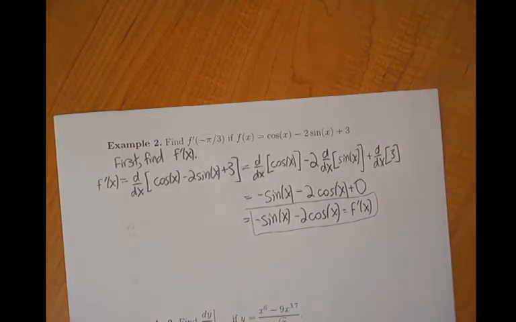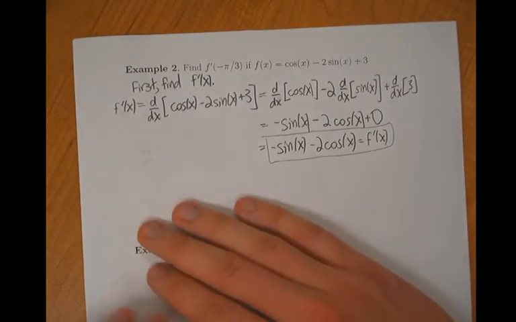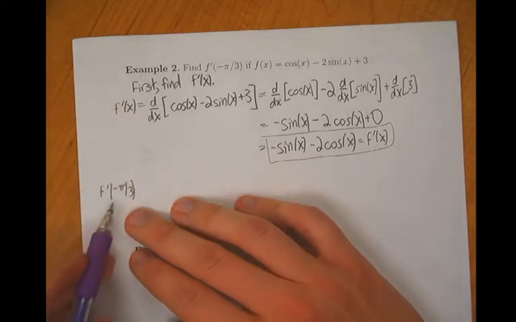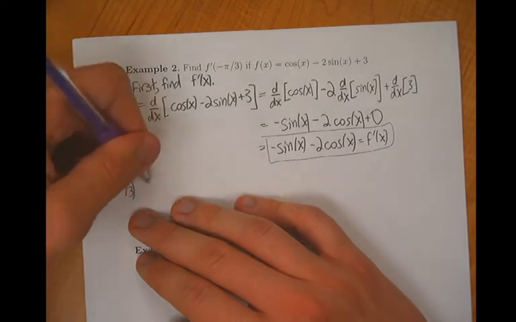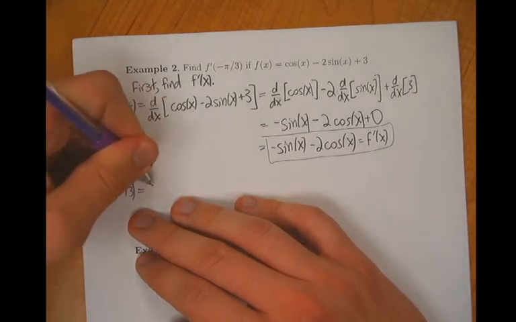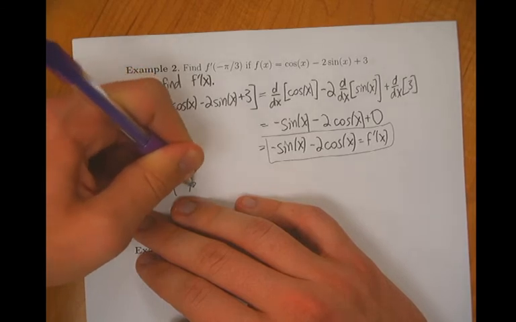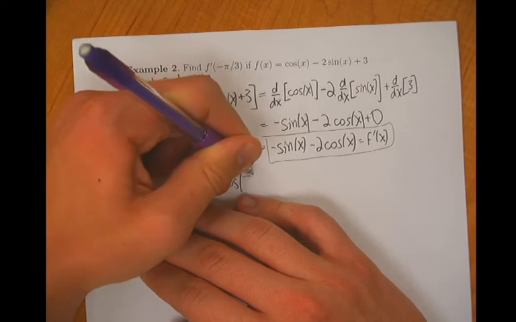So now, let's go ahead and use that to figure out f prime of negative pi over 3. All we have to do now is just replace x with negative pi over 3 in our derivative function. So we have negative sine of negative pi over 3 minus 2 times cosine of negative pi divided by 3.